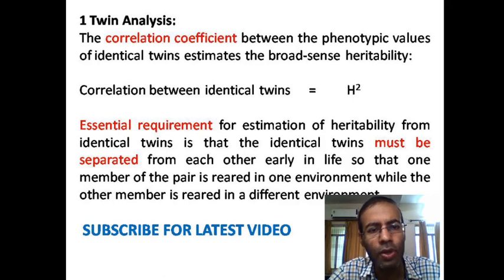In case of identical twins, the genetic makeup of twins is 100% same, and the correlation coefficient between the phenotypic values of identical twins estimates the broad sense heritability. This is important to understand.